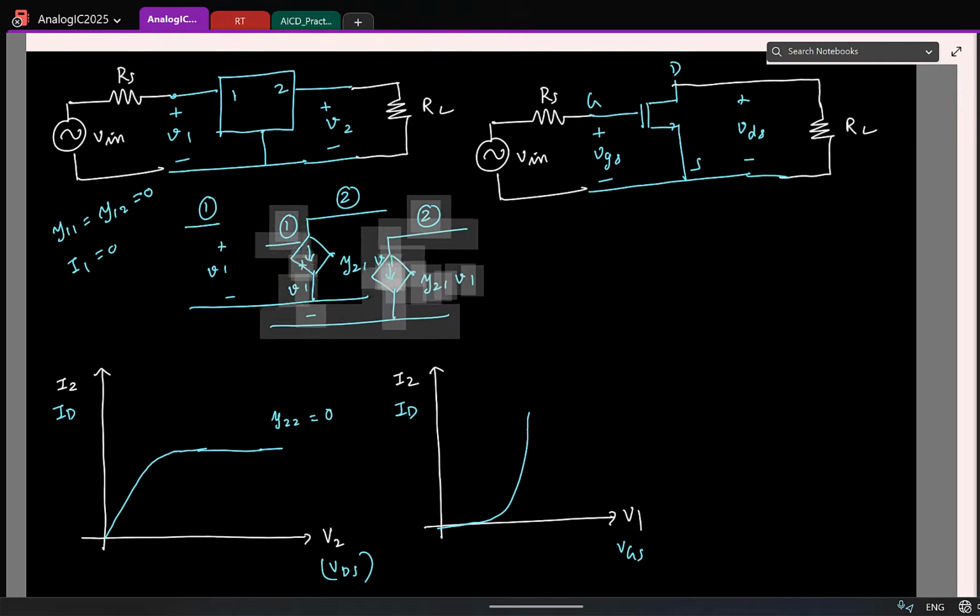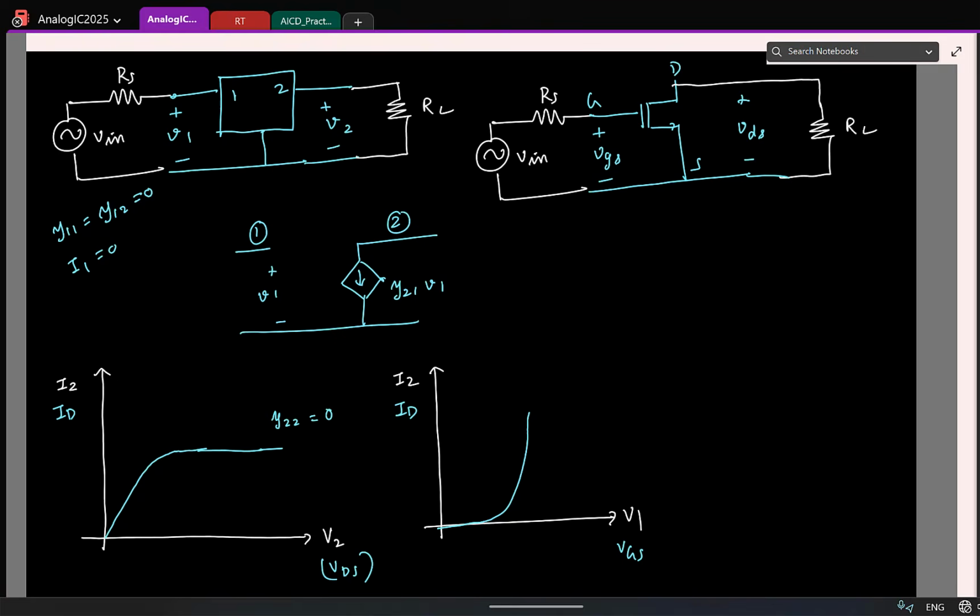So for the MOSFET also the small signal circuit is going to look like this. Terminal 1 or port 1 is essentially your gate, port 2 is essentially your drain, and the terminal common here is the source.